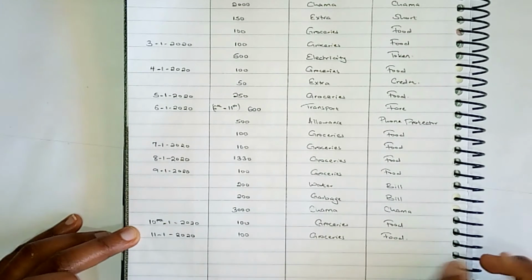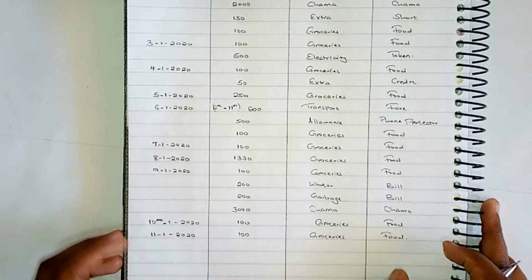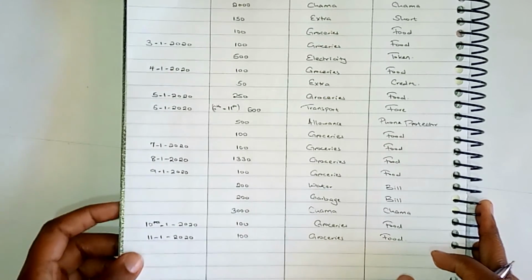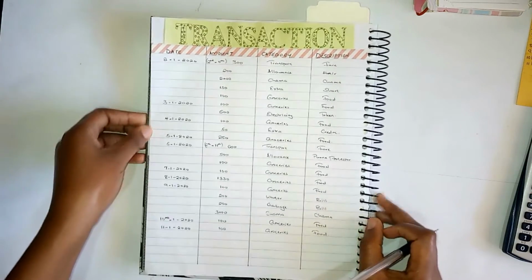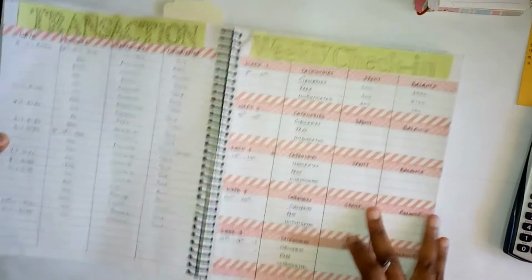I do not have any transactions as of today, the 12th, and I don't think I will be having any because I don't plan on buying anything. I have everything I need in the house. So let's go ahead and finish up the second week.